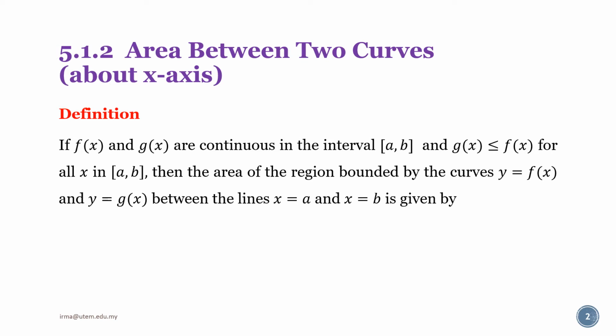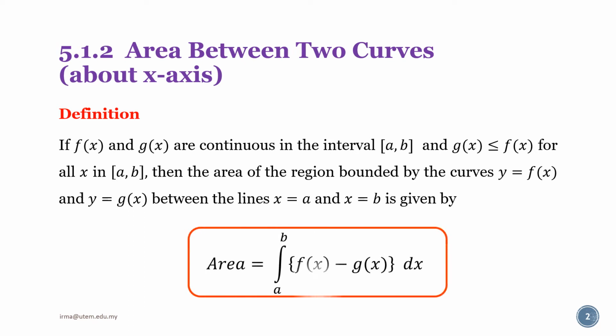We will start with the curves about the x-axis. Let's begin with the definition. If f(x) and g(x) are continuous in the interval [a, b] and g(x) is less than or equal to f(x) for all x in the interval [a, b], then the area of the region bounded by the curves y equal to f(x) and y equal to g(x) between the lines x equal to a and x equal to b is given by this formula.